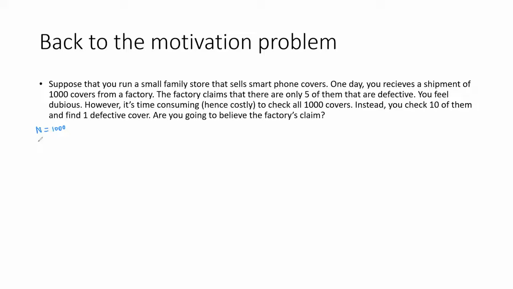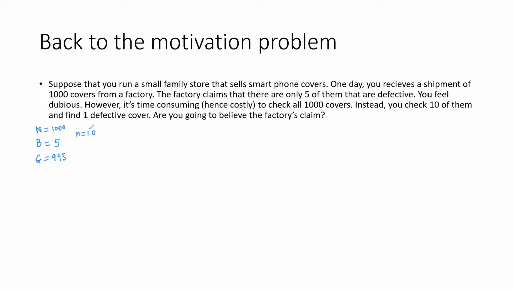So capital B, bad, or defective D, it doesn't really matter, I'm just going to use capital B. Five of them are bad. So there are 995 good ones. And the sample size is 10. You select and check 10 of them, so little n equals 10.